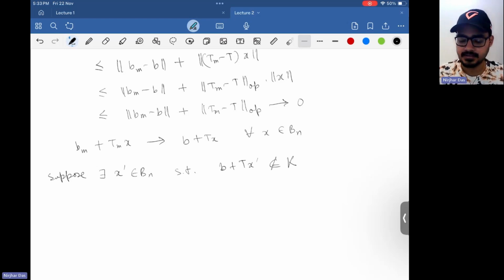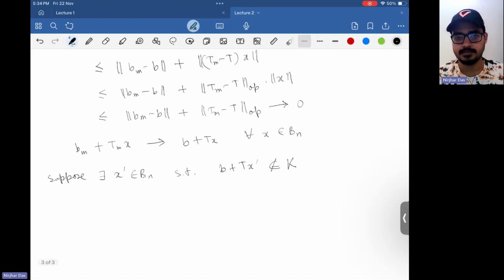This is basically saying that B plus T of x dash is outside the set, and that would mean that the ellipsoid given by B plus T of Bn is not in the set K, right? Certain parts of it are outside set K, therefore it is not contained in K. So we'll show a contradiction and therefore conclude that this condition cannot happen, and therefore all of B plus T of Bn lies inside the set K.